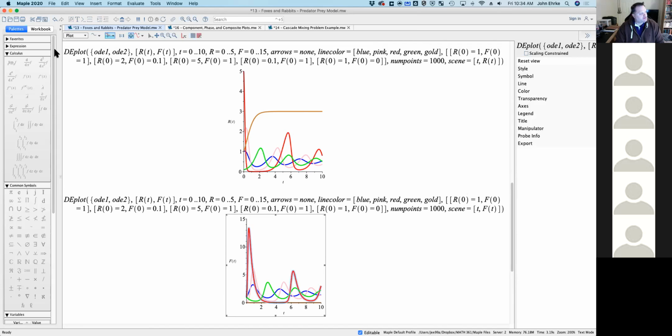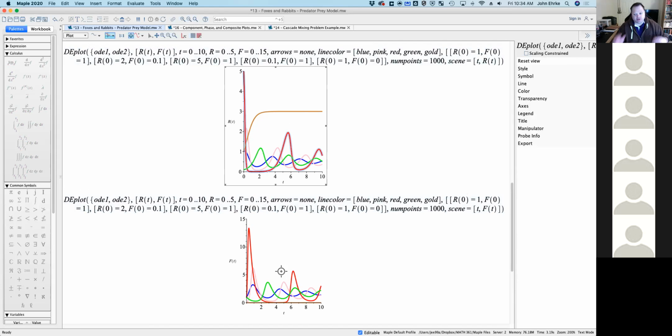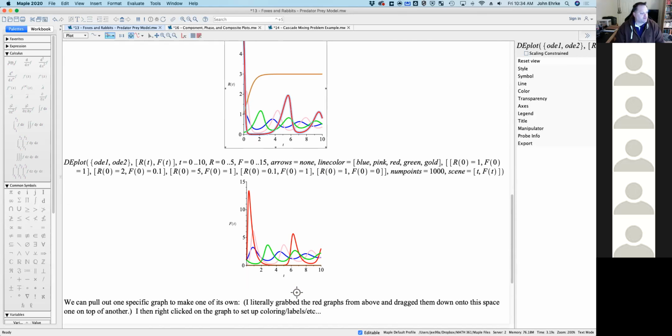I could store a command that says this is plot 1, this is plot 2, and remove all the initial conditions except the ones for the red curves and then display plot 1 and plot 2. But I actually want to show you a little shortcut for that.